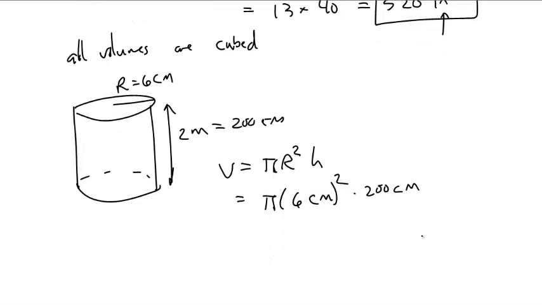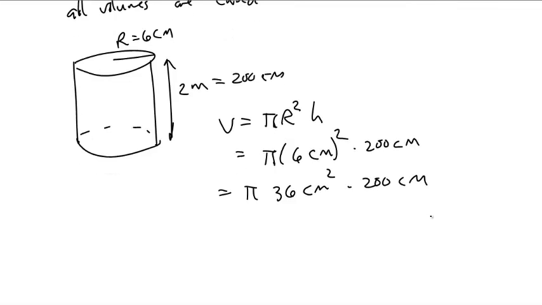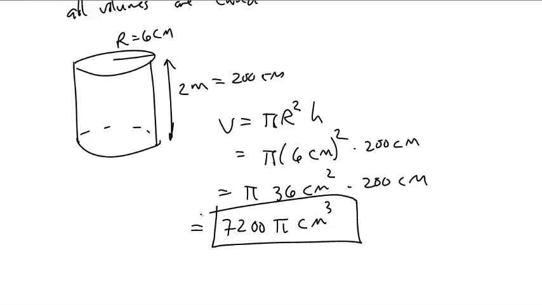You don't have to include your units when you're working these things, but if you do, you're going to get pi times 36 square centimeters times 200 centimeters, and 2 times 36 is 72, with 2 more zeros. 7200 times pi cubic centimeters. You can plug in pi as 3.14, or you can leave this as your answer.